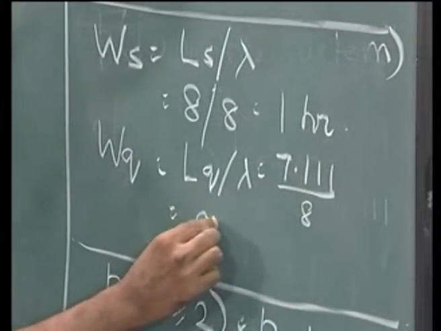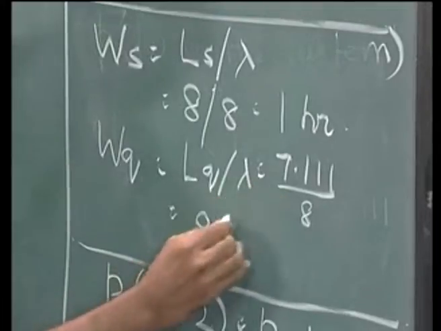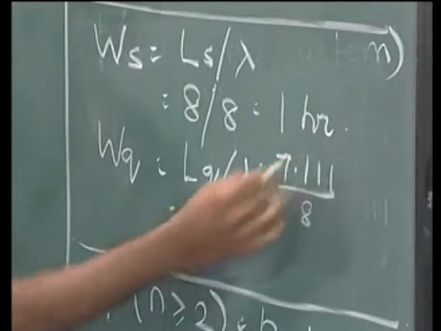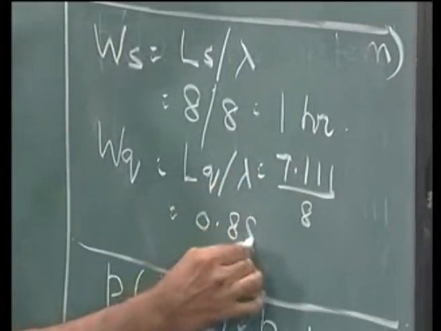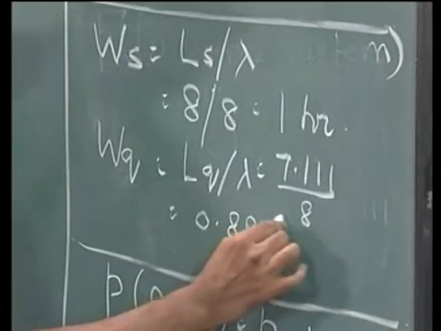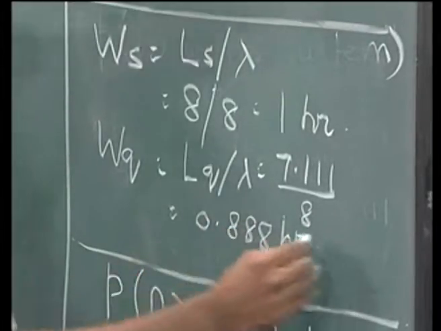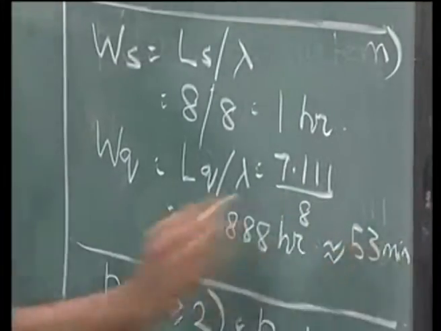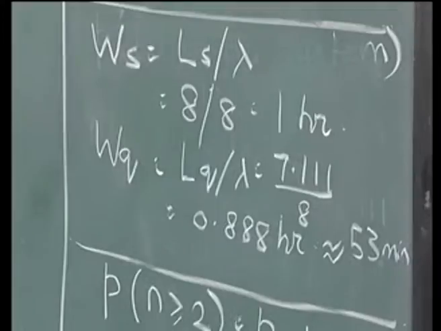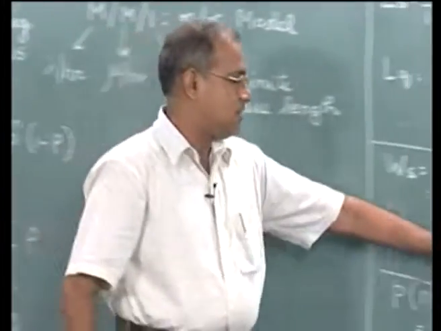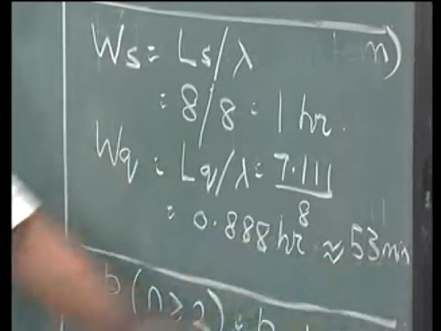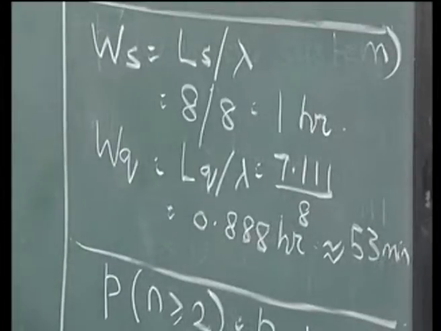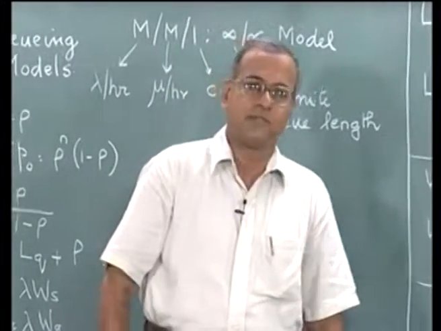This is 0.888 hour, which is approximately 53 minutes. The person would have to wait on an average for about 53 minutes before the person gets his or her turn for service, and then there is a service time and then the person comes out of this system.